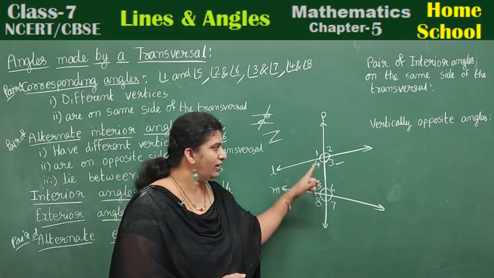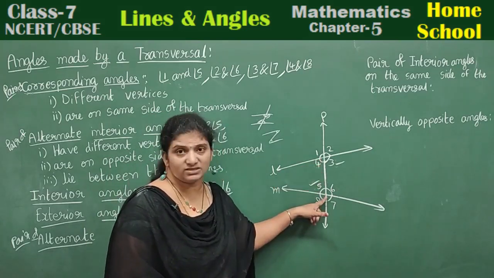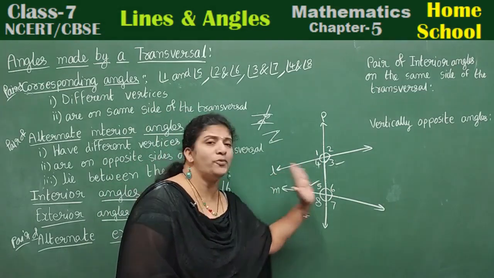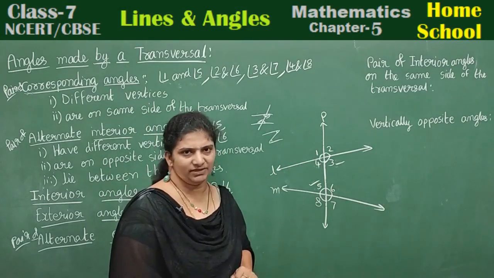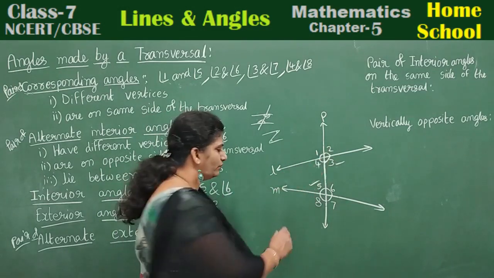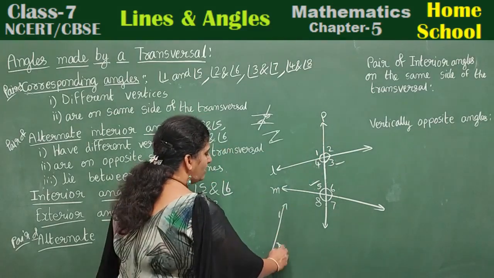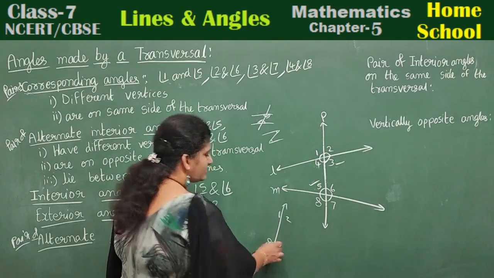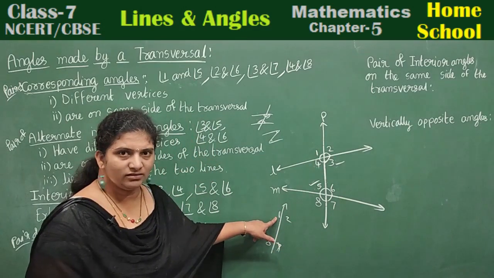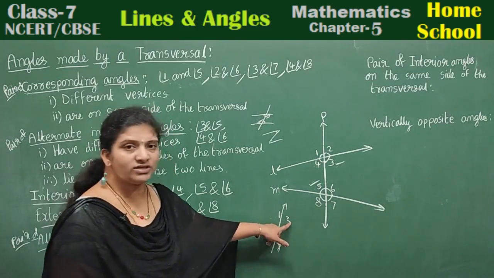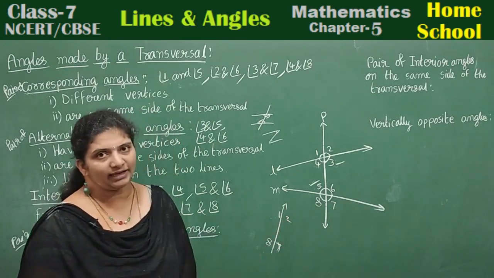Understand here carefully, this vertex and this vertex are different and for angle 1, on the transversal's opposite side is angle 7. For angle 2, like this, children, here 1, there 7 is here, and here 2, 8 is here. Angle 1 is alternate exterior to angle 7 and angle 2 is alternate exterior to angle 8.